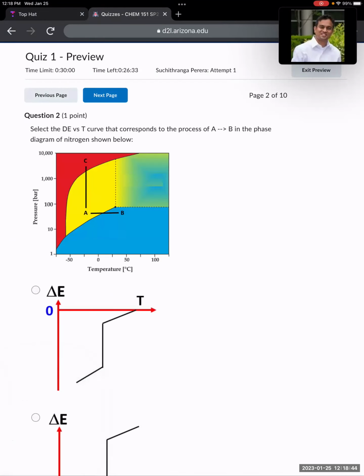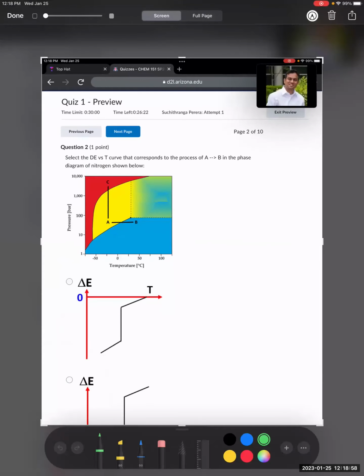Question 2. Select the change in energy versus temperature curve that corresponds to the process A to B in the phase diagram. Let's take a picture again. So A to B, this boundary over here is the gas-liquid boundary. If you're going from A to B, we are vaporizing.